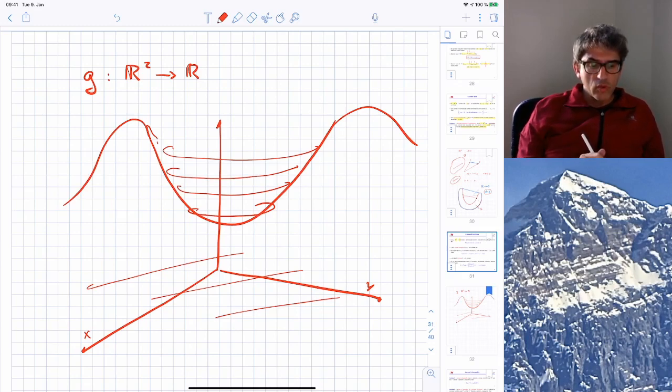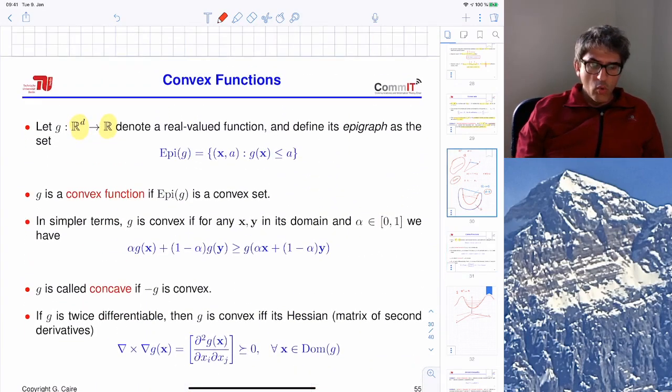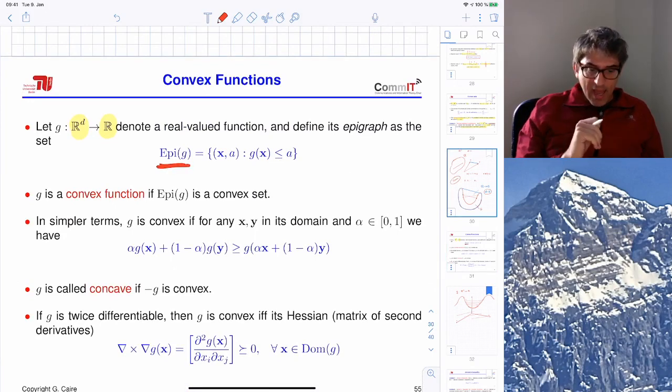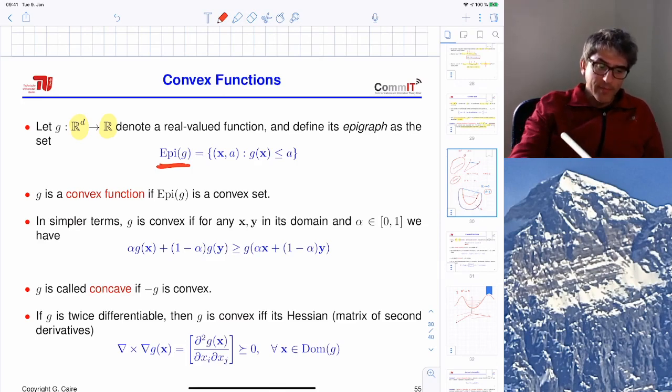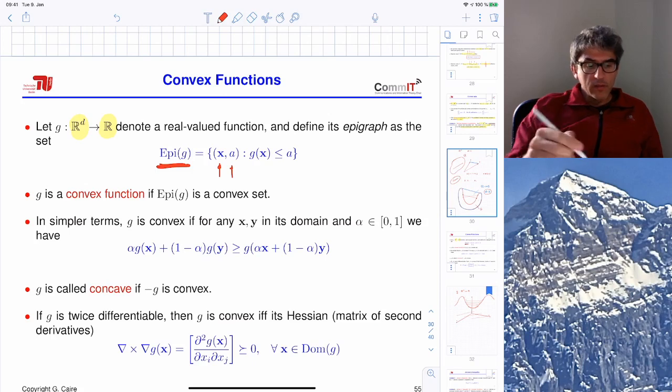So we define something called the epigraph, denoted as epi of g, as the set of all points given by x, as an argument of the function, and a, which is a sort of level that cuts the function horizontally.